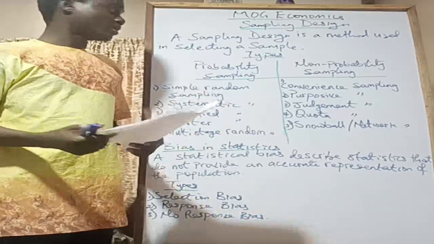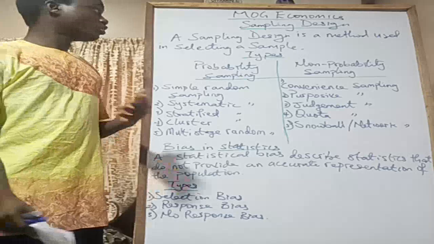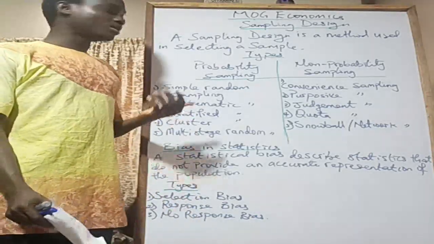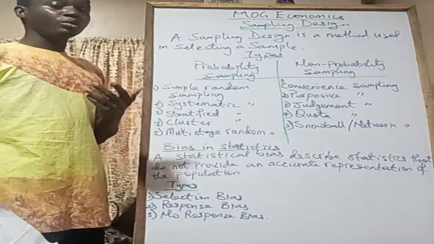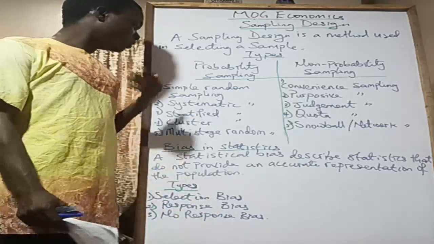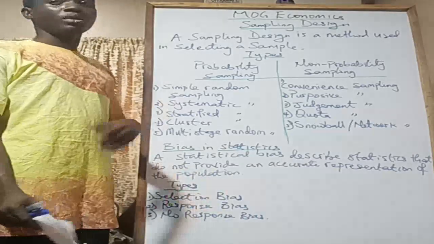Are we getting that? So, examples of types of probability sampling design: you have simple random sampling, systematic sampling, stratified, cluster, multi-stage random sampling methods, and so on and so forth.